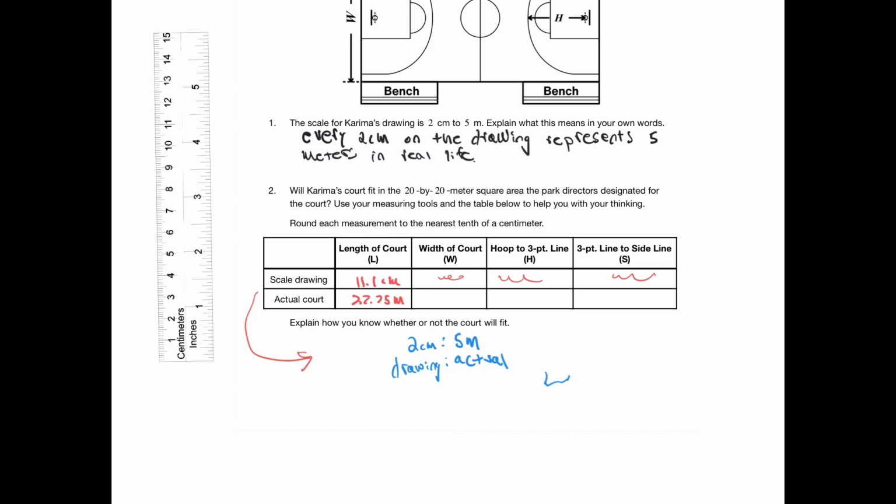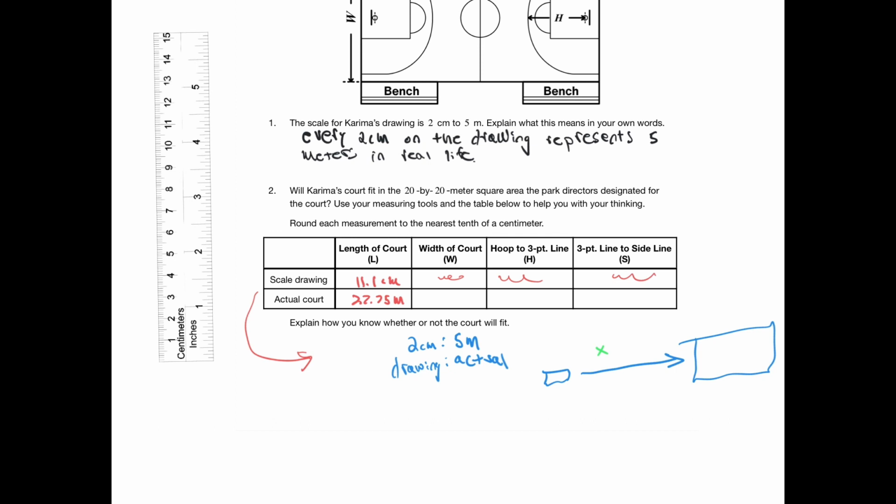Now I'm going from something smaller and I'm making it bigger. Now it's not like a 1-to-1 swap. It's not like I'm multiplying it by 2. It's every 2 centimeters is 5 meters. So it's a little bit more difficult in that we're not going to have a whole number as a scale factor. So we have to figure out what we're multiplying by to get there.